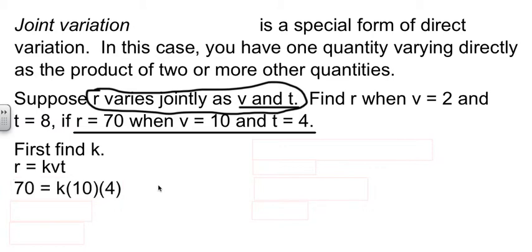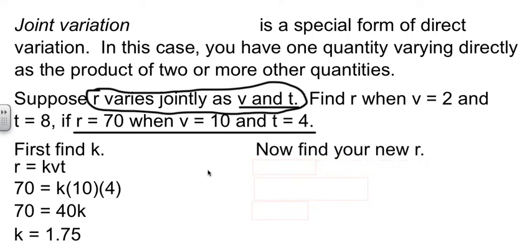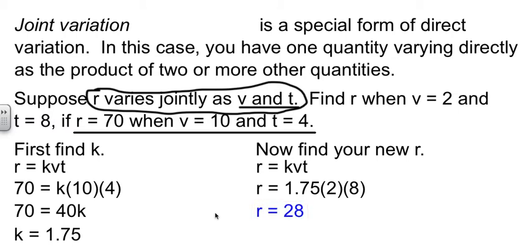So I'm going to plug those values in, do a little cleanup work, and find a value for k. Now that I have k, my job is to find the new value for r. I have a k, I have a v equals 2, and I have a t equals 8. Plug those in and get a new value for r.